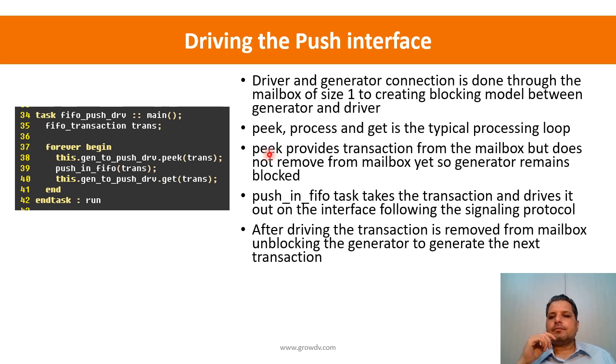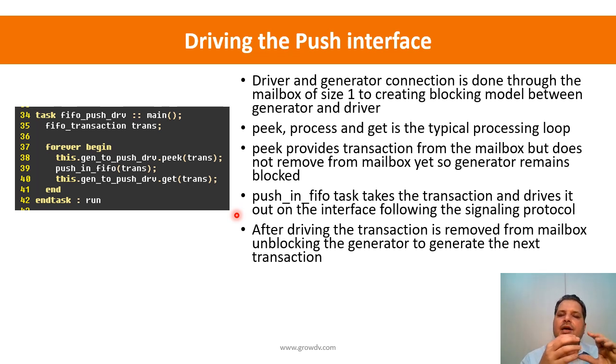Since the transaction is not removed, consider this: I generated a transaction in the generator and put it into the mailbox, and if the mailbox is sized to 1, as soon as I put it, the generator gets blocked because the mailbox is occupied. I cannot put any more into this mailbox because its size is only 1.